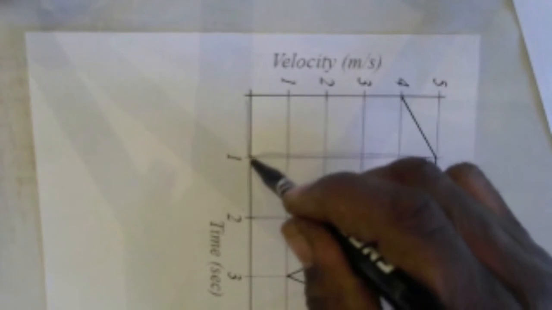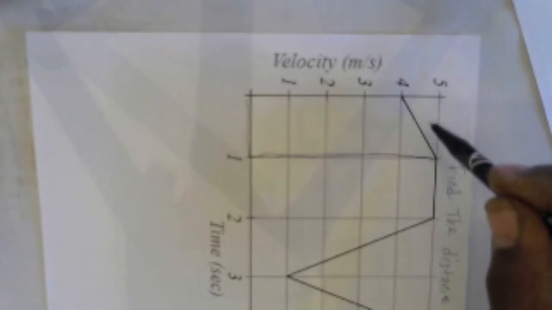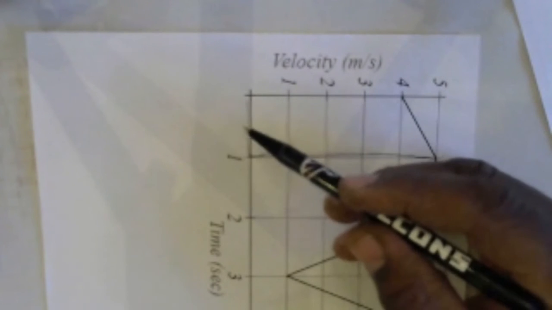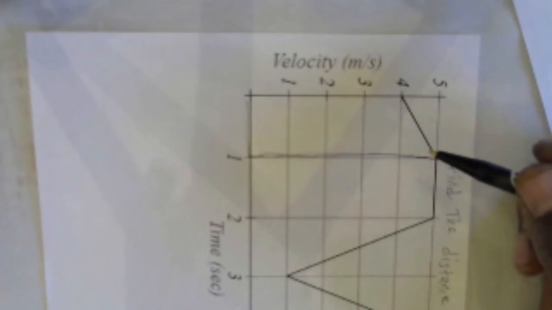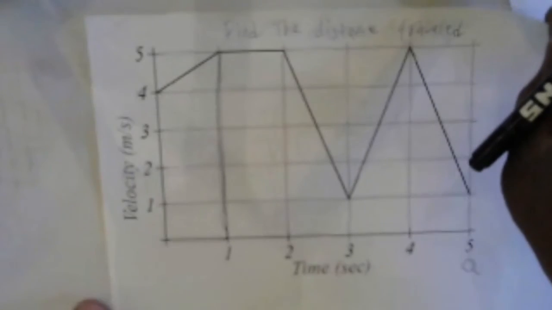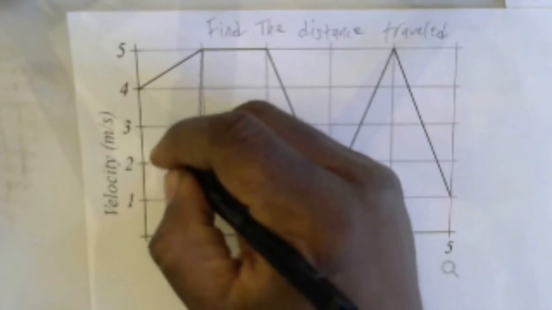This would be my big base, which would have a length of 5. And my height is going to be 1. So I'm going to call this area 1.